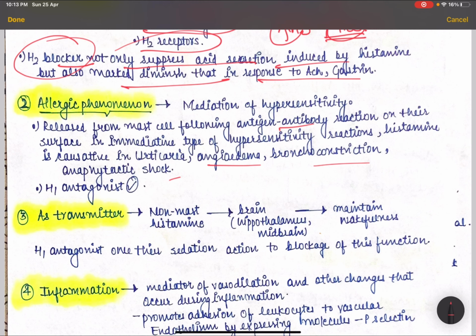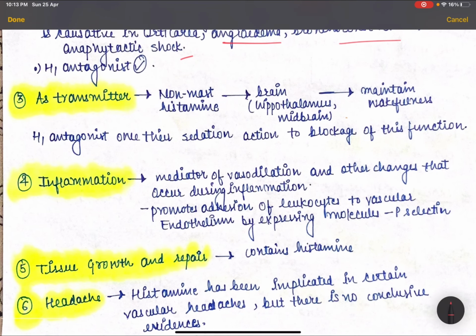Okay, now the role of histamine as a transmitter. Histamine is believed to be an afferent transmitter which initiates the sensation of itching and pain at the sensory nerve endings. We have studied earlier its capacity to stimulate sensory nerve endings.